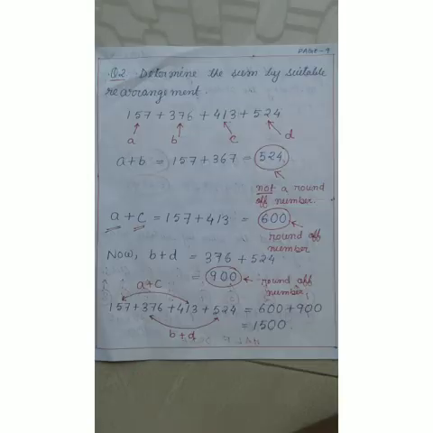Question number 2. Determine the sum by suitable rearrangement. 157 plus 376 plus 413 plus 524. I have given them name as A, B, C and D. So I have to make a group which will make a round off number.